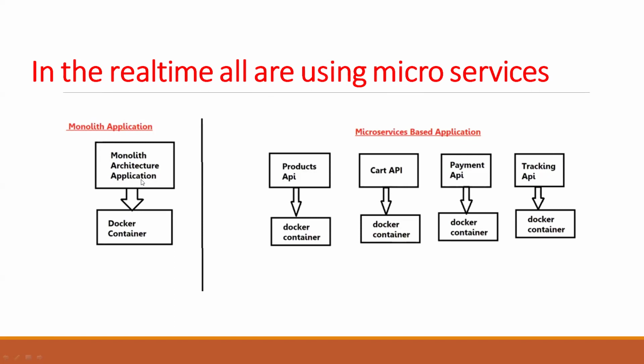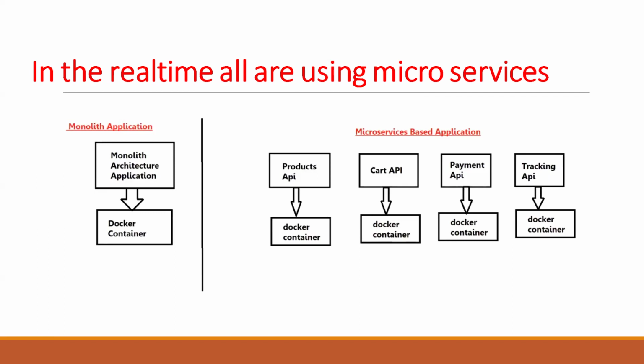Monolithic application is nothing but a single application. In a monolithic architecture application, only one Docker contains every application. Microservice based applications, for example e-commerce, guys. The products API is one container. You are selecting the products, right? Then you are adding to the cart.